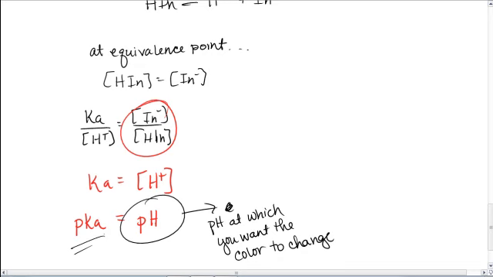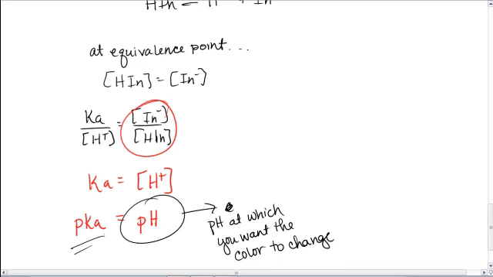So at the equivalence point it is green. Down to, let's say, methyl red, which is a fairly common indicator. Methyl red has a pKa of about 5, so it changes at pH 5 from colorless to red.